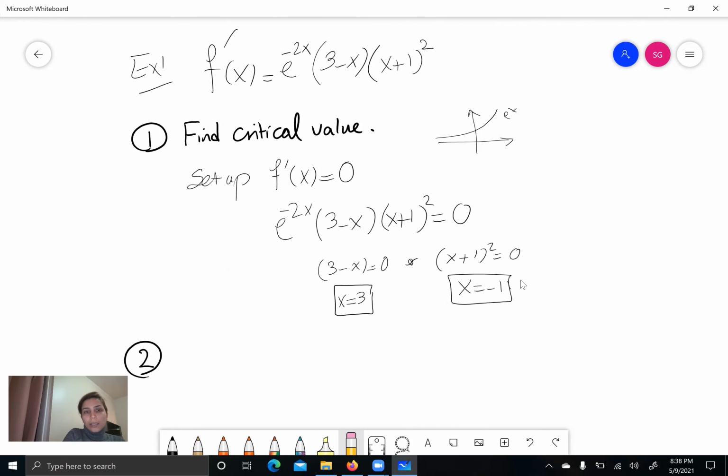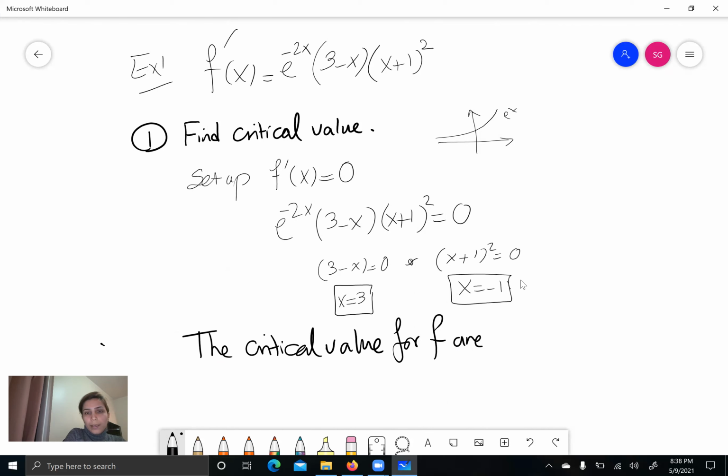So these are critical points. Maybe I write this down. The critical values for function f are x equals 3 and x equals negative 1.